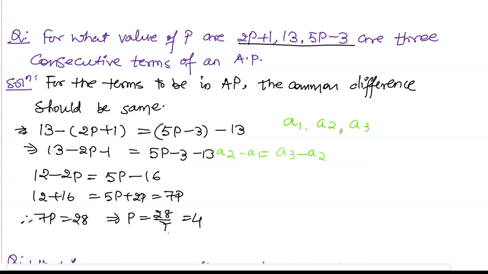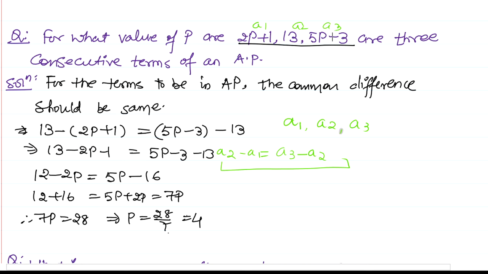Clear? Okay, the same concept I have applied over here. If I'm assuming these as a1, a2 and a3, what do I get? a2 minus a1 is equal to a3 minus a2.